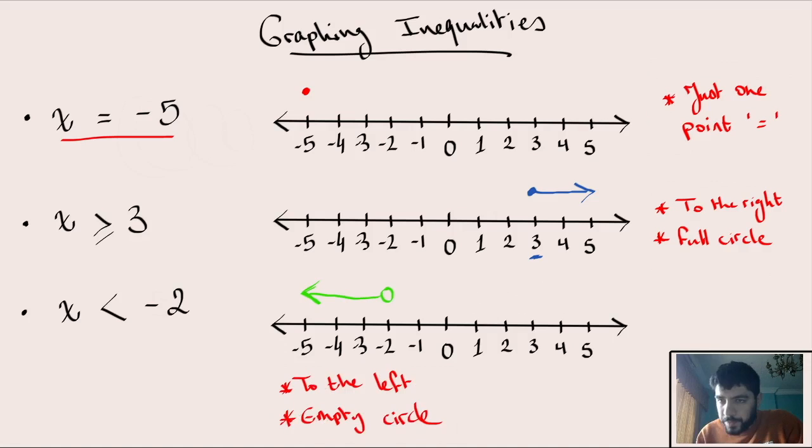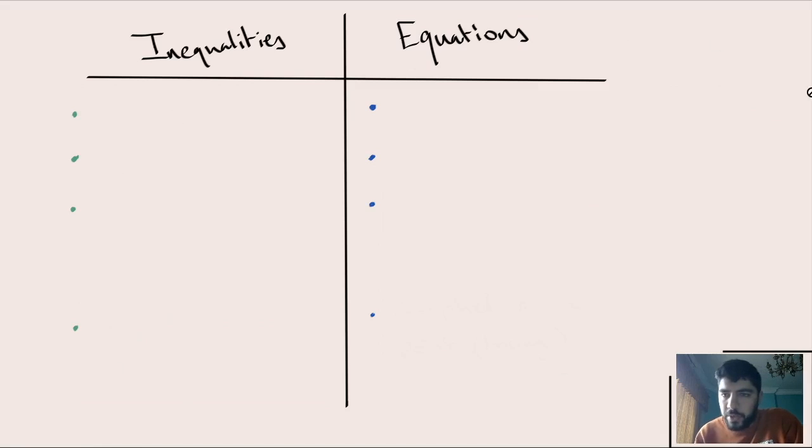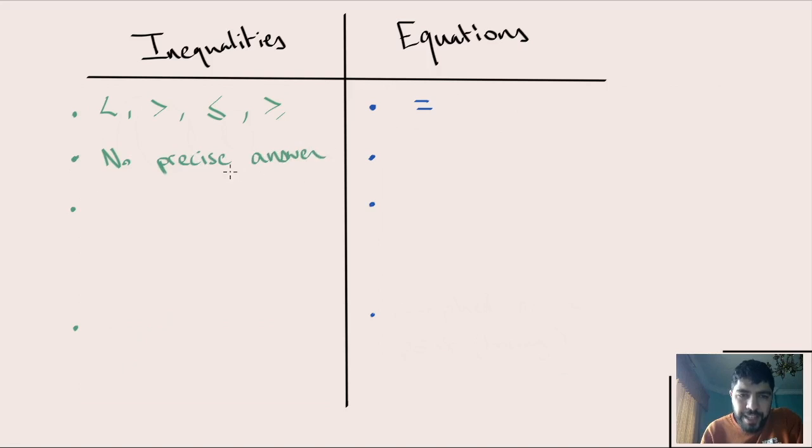All right? So to summarize all of this, and to compare inequalities and equations, which is something we've done before. Inequalities, you'll always see the inequality signs. So greater than, less than, greater than or equal to, less than or equal to. But with equations, you'll only ever see the equal sign. With inequalities, you don't have a precise answer. Whereas with equations, you only have one answer.